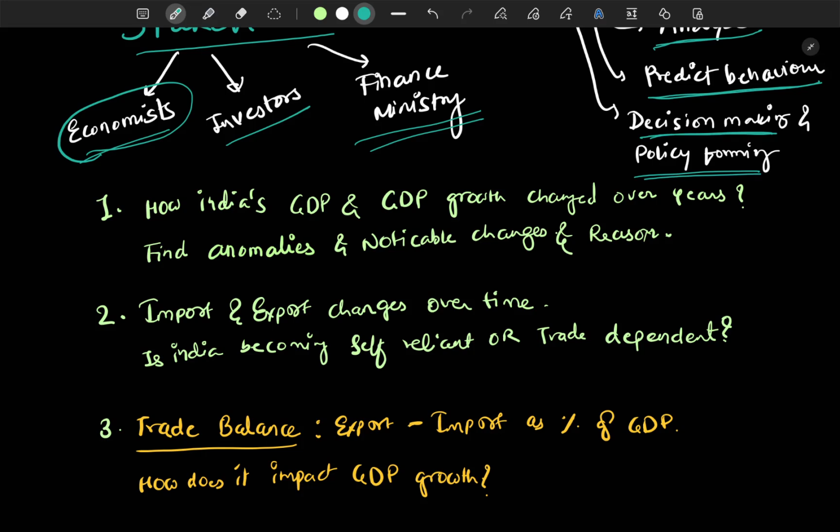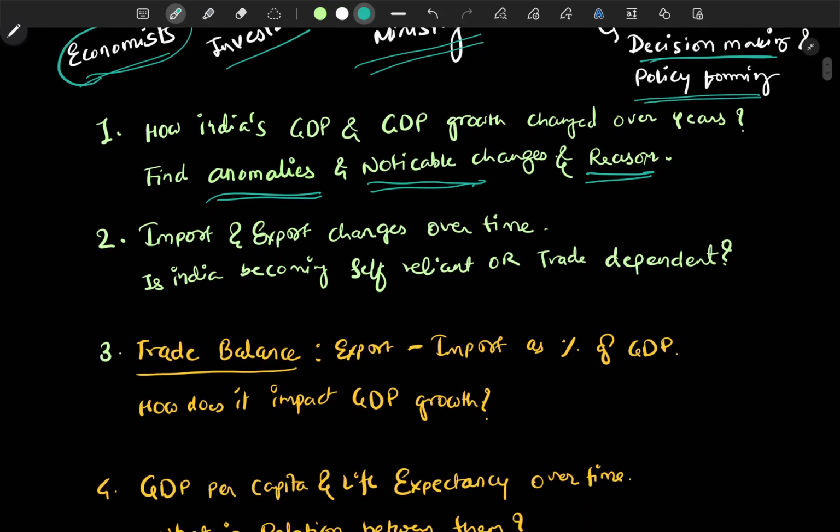So how do India's GDP and GDP growth change over the years? Find anomalies and noticeable changes and their possible reasons. Anomalies are something that is not regular, that is out of the region. Noticeable changes mean sudden growth or sudden contraction in the economy. Then the import and export changes over time.